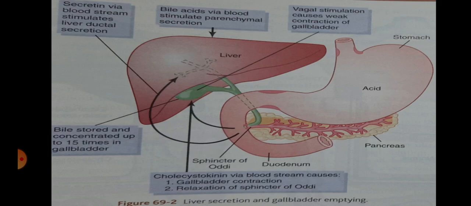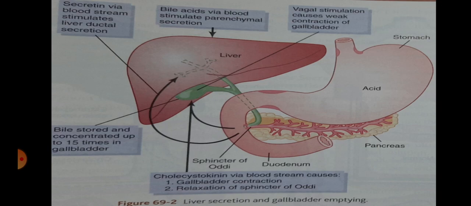Now, in the gallbladder shown in the top right side, vagal stimulation causes weak contraction of the gallbladder, and you can also see in the extreme bottom one, the cholecystokinin via bloodstream causes gallbladder contraction and relaxation of the sphincter of Oddi.